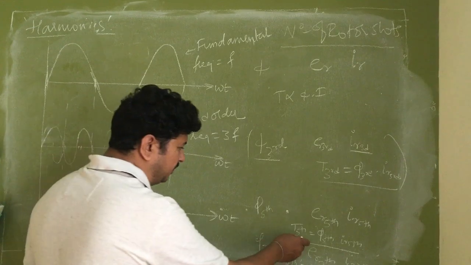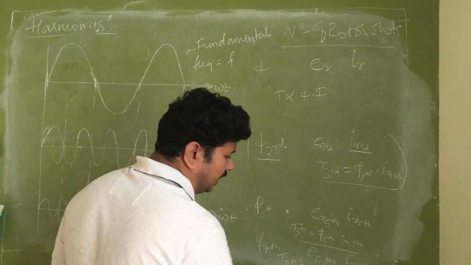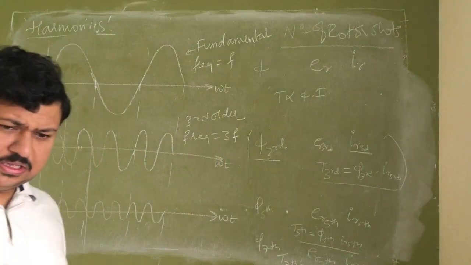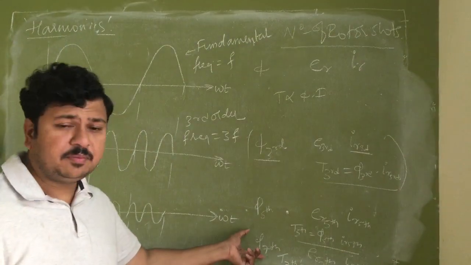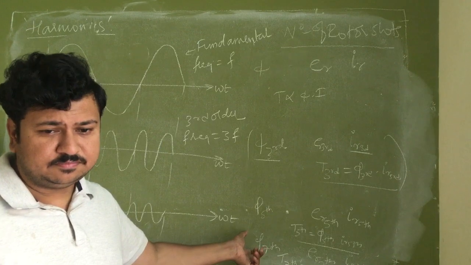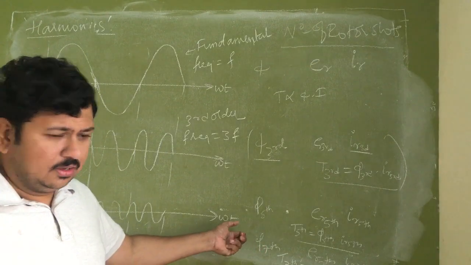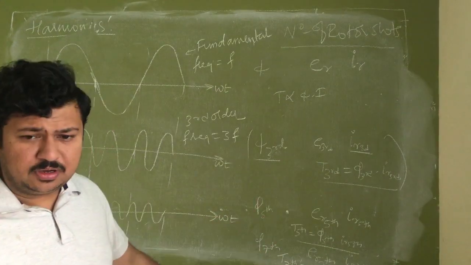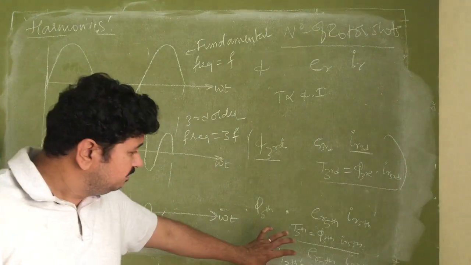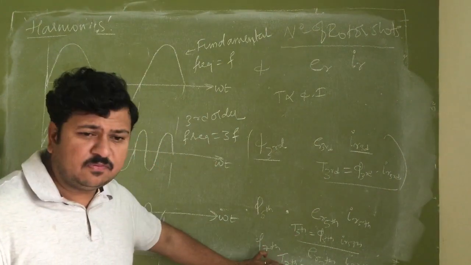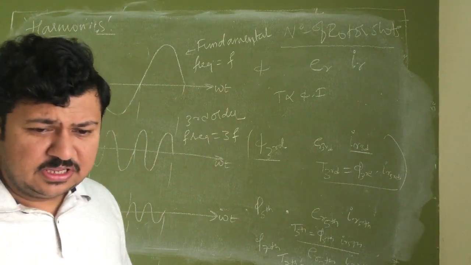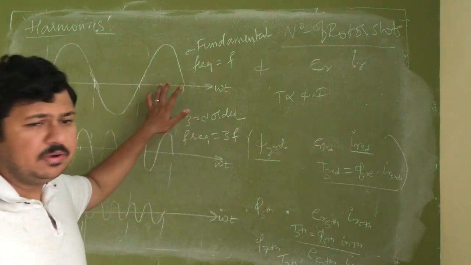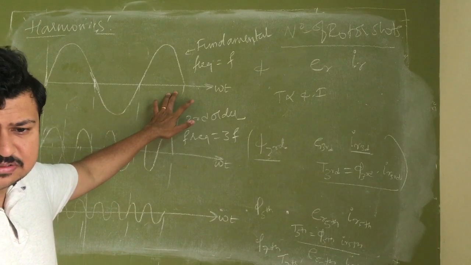Now these fifth order and seventh order harmonic torques are in such a direction that they create a braking action on the rotor. And these are equally important because the speed torque characteristics of these fifth order and seventh order harmonics are exactly the same as the speed torque characteristics of fundamental current and fundamental flux.